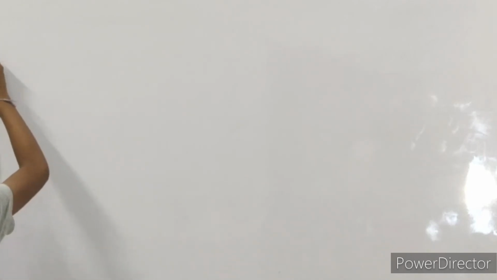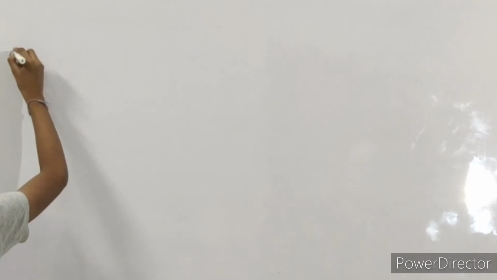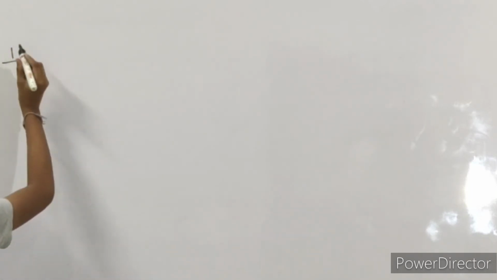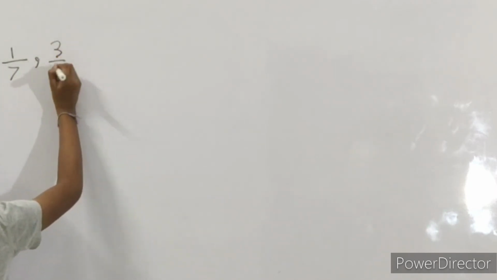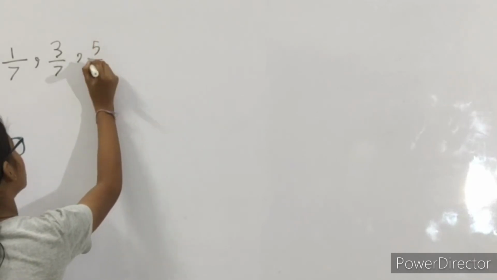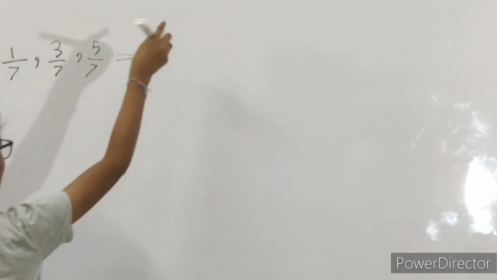So A is 1/7, 3/7 and 5/7. Then here you will write whether it's like or unlike.